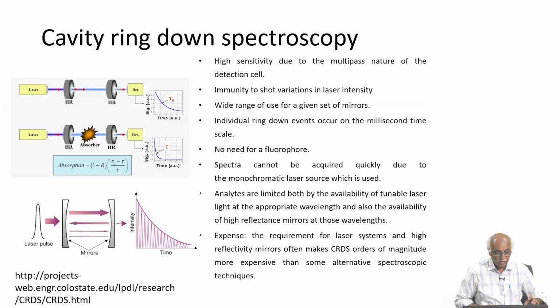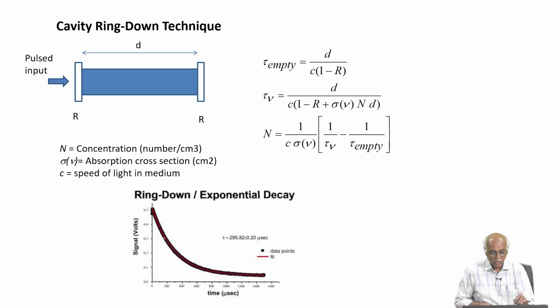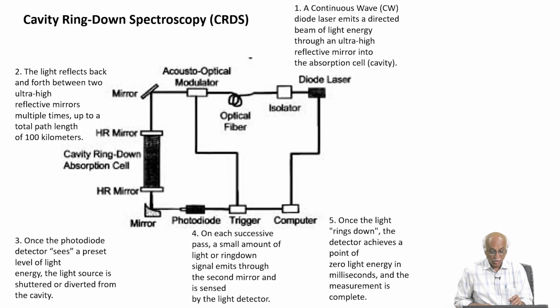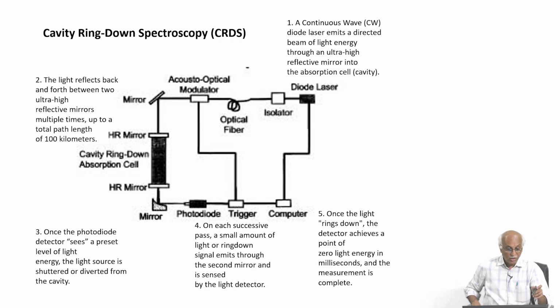So, now you understood the cavity, this is what I explained to you, and this is the way cavity concentration can be estimated. Now, many research groups are working on this cavity ring down spectroscopy based technique for estimating the concentration.